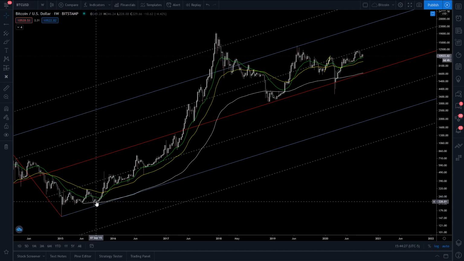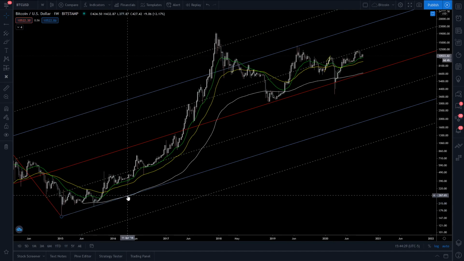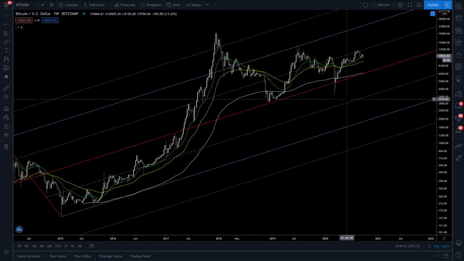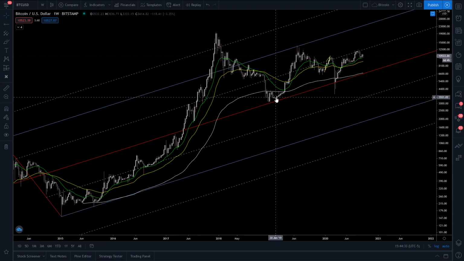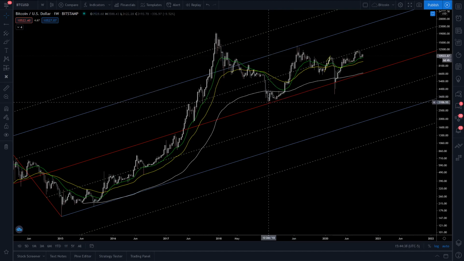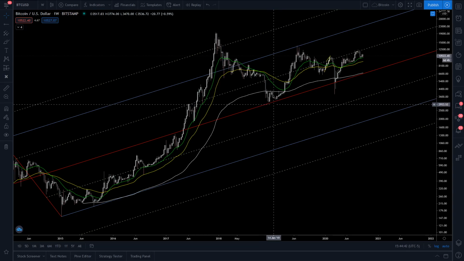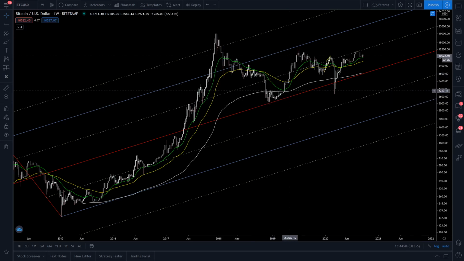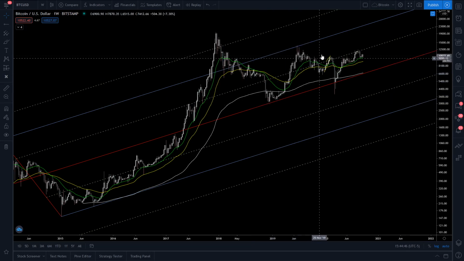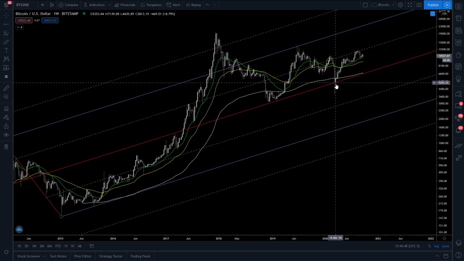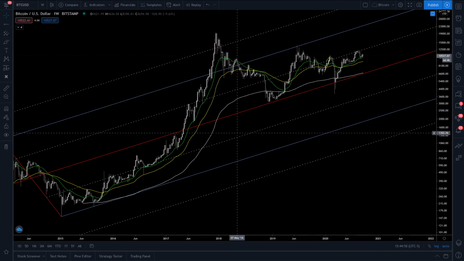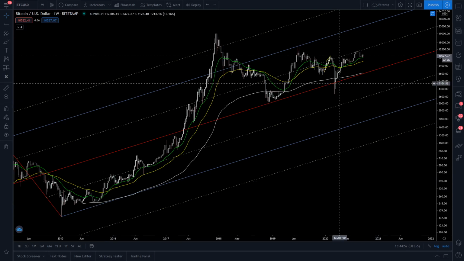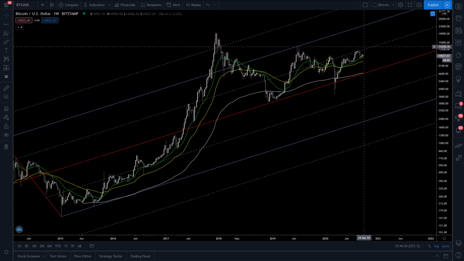What you'll notice is that the 200 EMA right there, that white line, held as support. We got through it a little bit, but it pretty much held. It wanted to get back to that median line. That's what that was. There's an 80% chance that price will return to the median line. So then prices went up again and came back through the 200 EMA, just like we did here, held as support, and now we're trending up again.